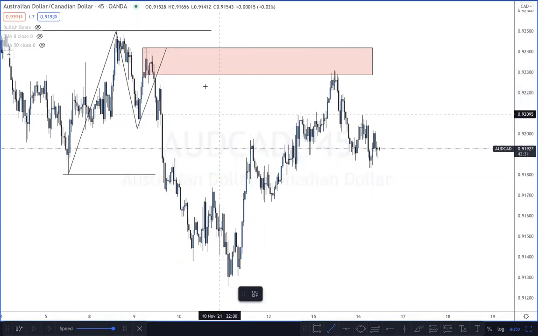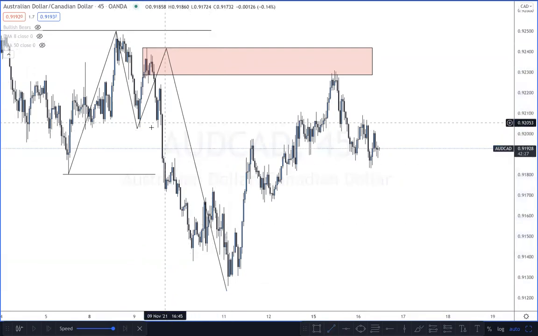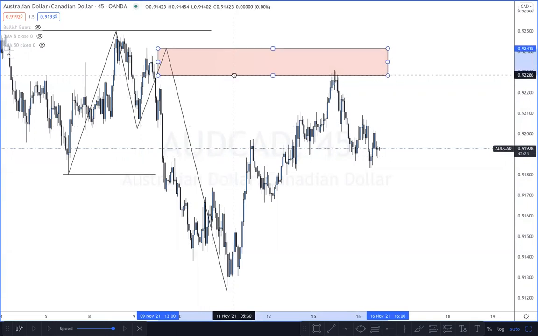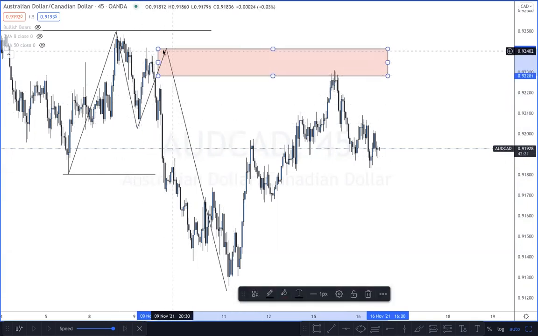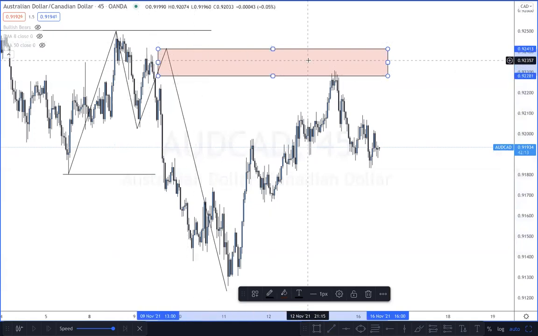So now, if I'm taking the trade, my trade is inside this small leg that broke the structure, and not the main one. This is a low risk setup.